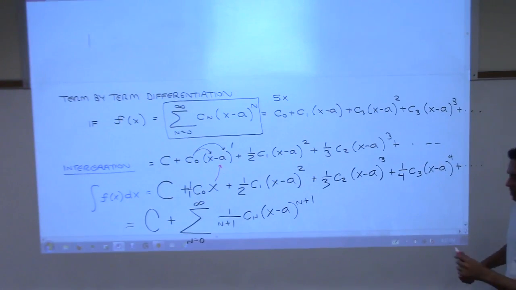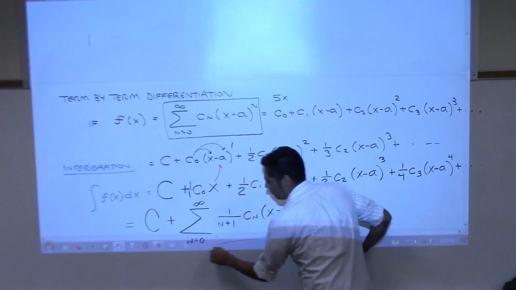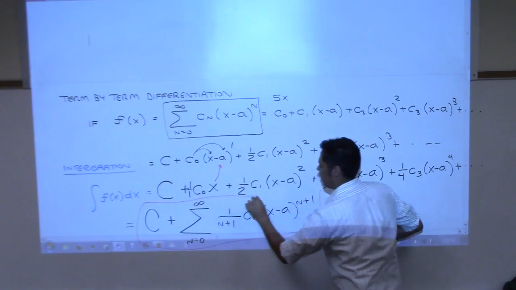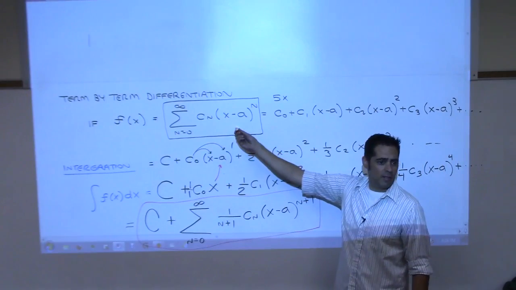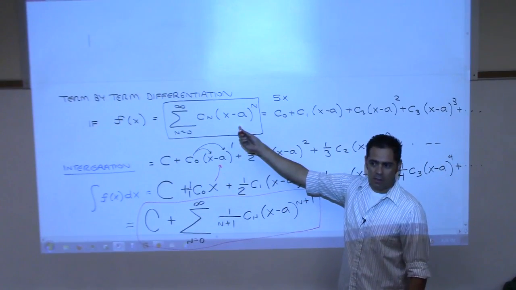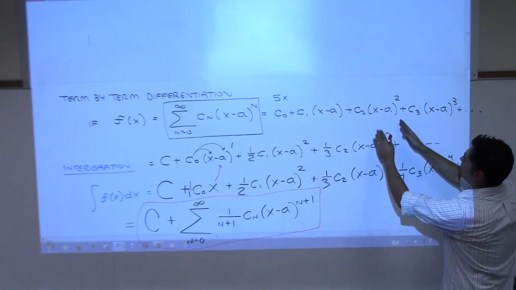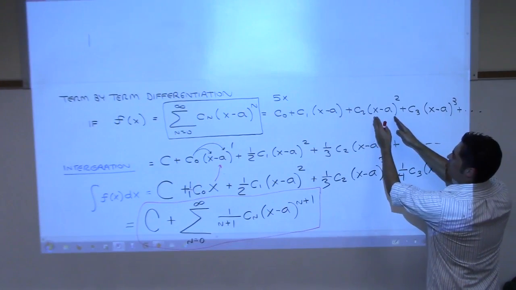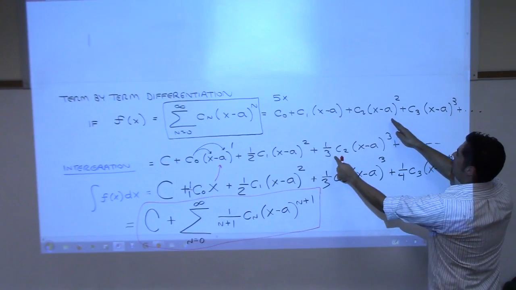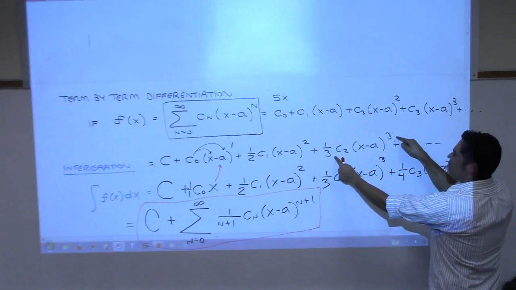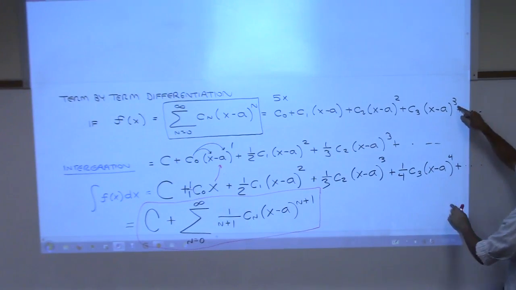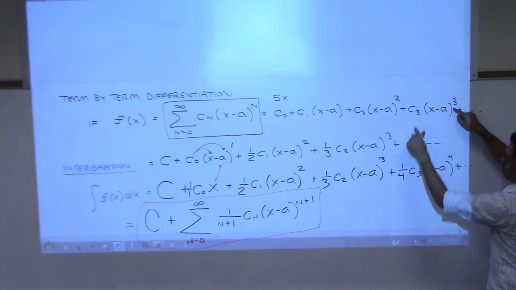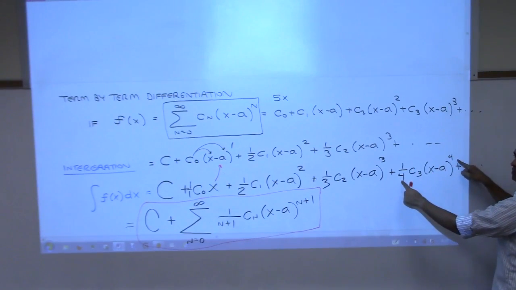And do you see how this formula, right here, we could have gotten by just integrating this formula? Kind of like when we integrated that, we said, okay, we're going to need a 1/3 out here, and then that power is going to change to 3. Here, to integrate this, we need a 1/4 out front, and then that power goes up.